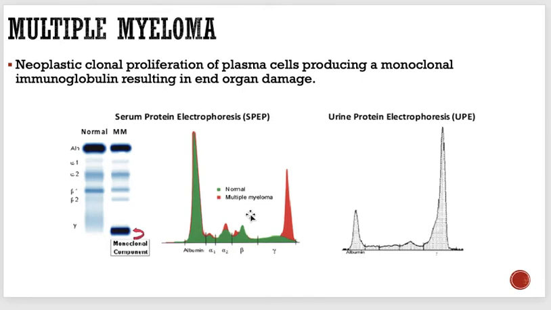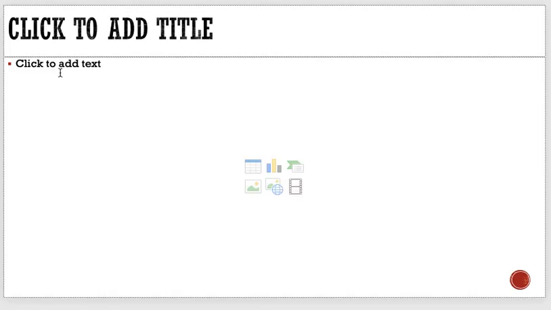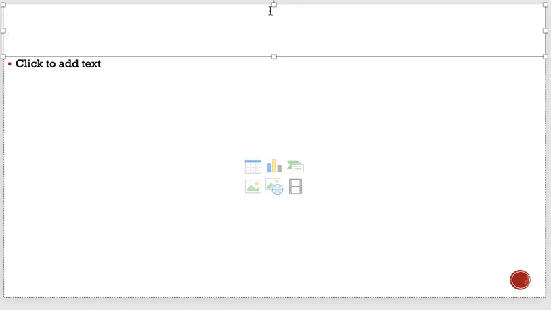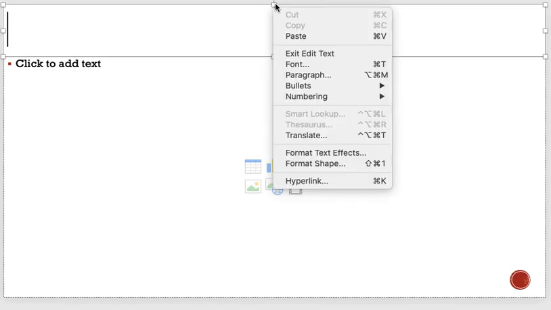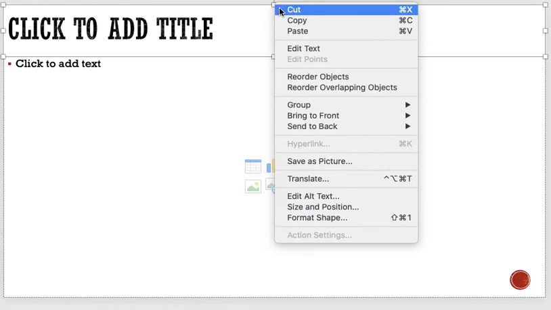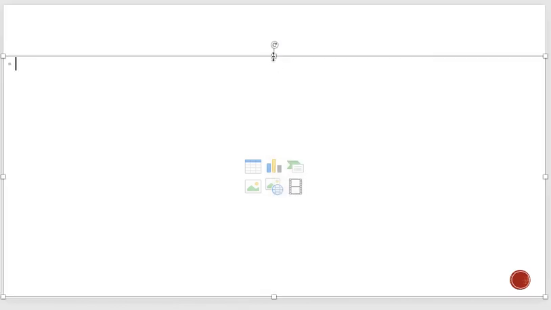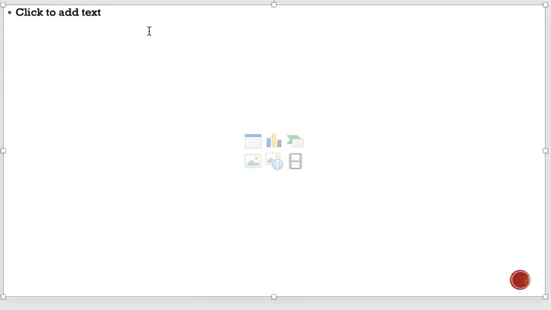Now if you know the definition, I will not go into too much detail about pathophysiology, because otherwise this lecture will not be finished in 1 hour.